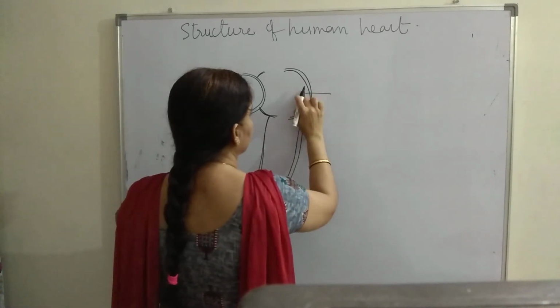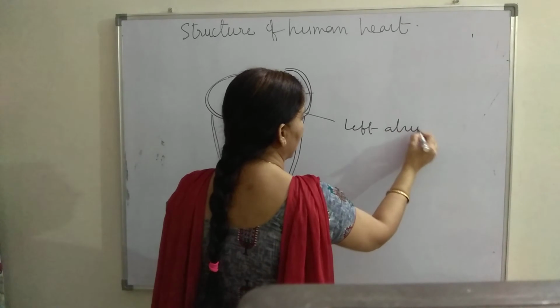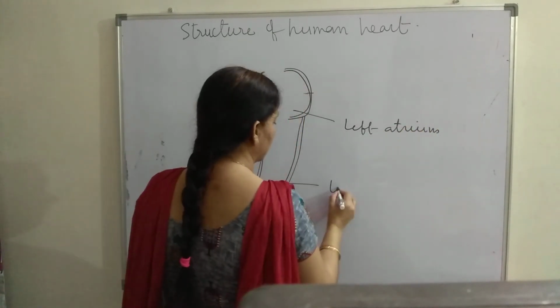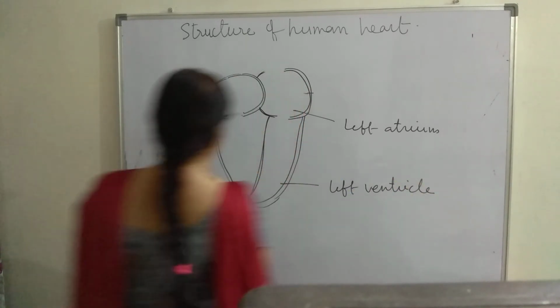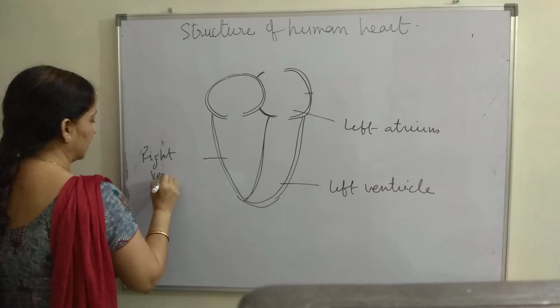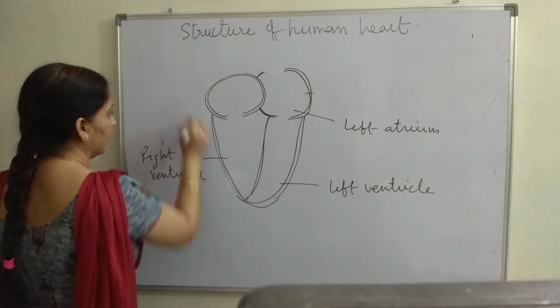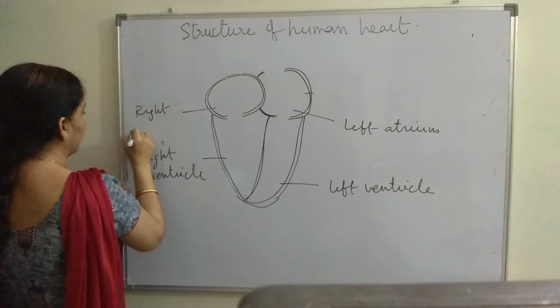This one is the left atrium. This is the left ventricle. This is the right ventricle. This is the right atrium.